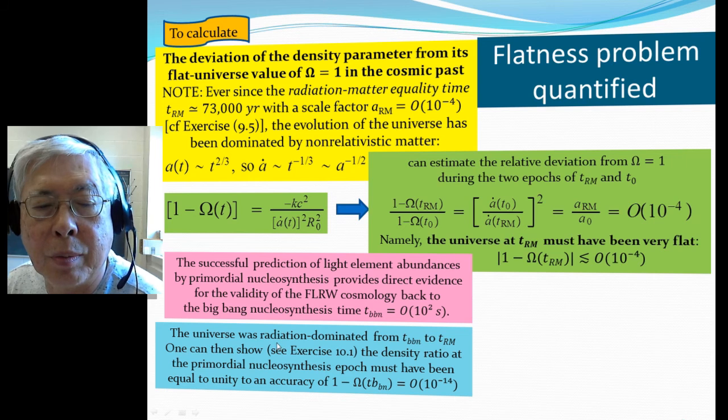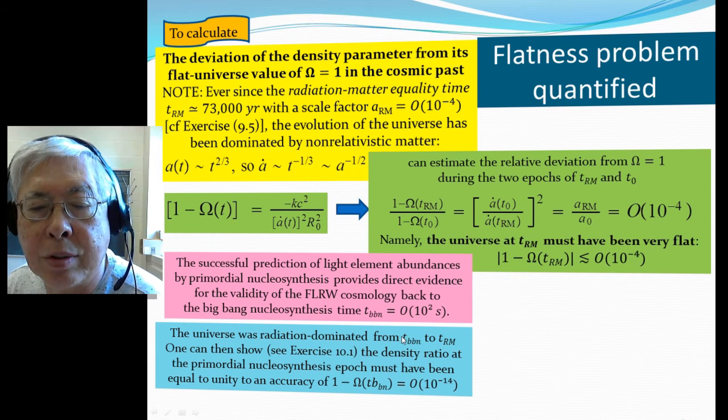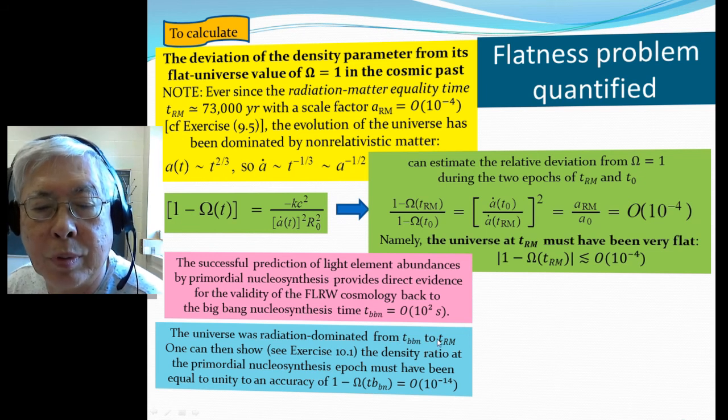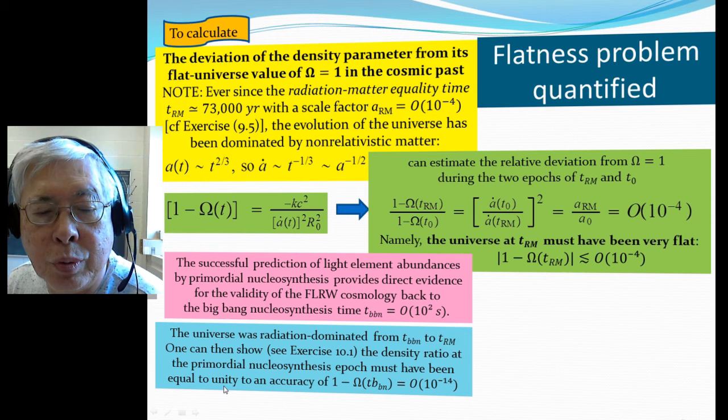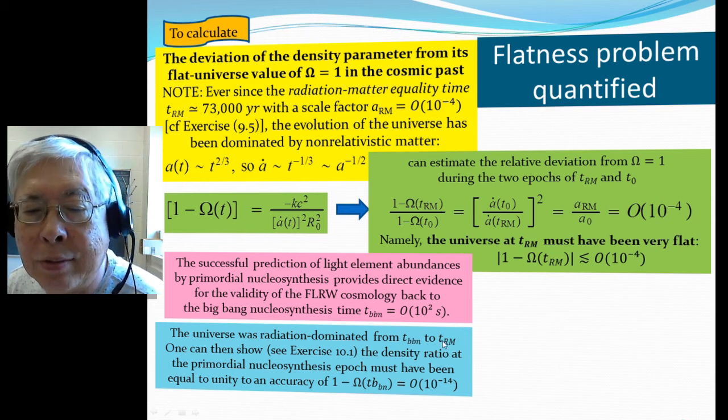And so the universe was radiation dominated from the nucleosynthesis time to the equality time. We can show, as a simple exercise, that the density ratio at the primordial nucleosynthesis time must have been equal to unity to an accuracy of 1 part in 10 to the 14th.